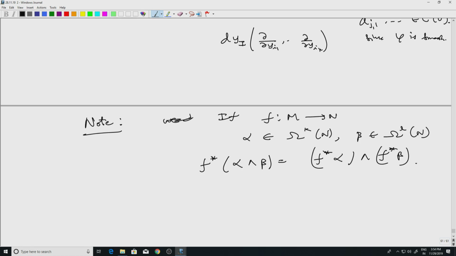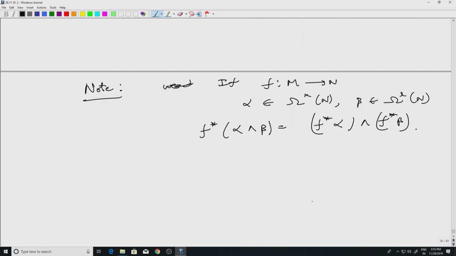There's no proof needed for this, since it's a direct consequence of the corresponding property for vector spaces and linear transformations. So this continues to hold.